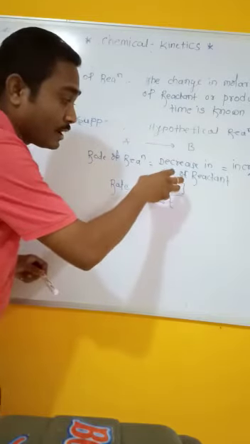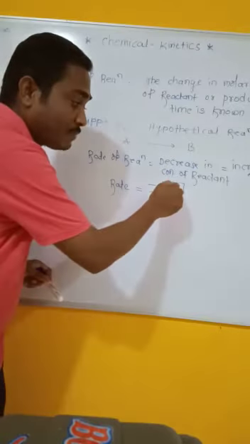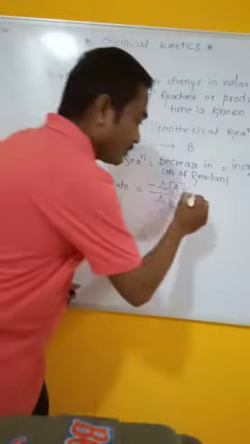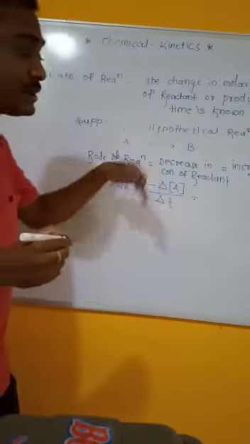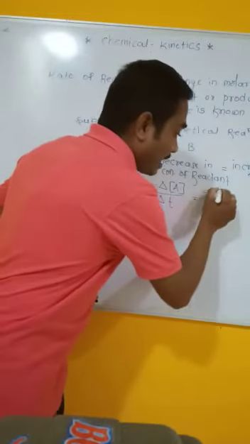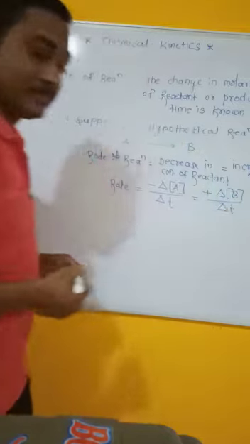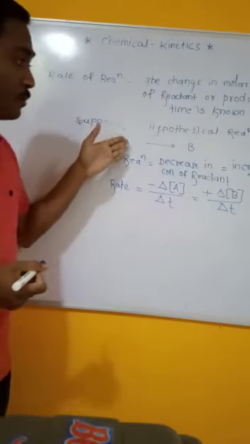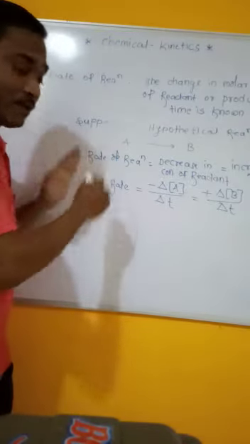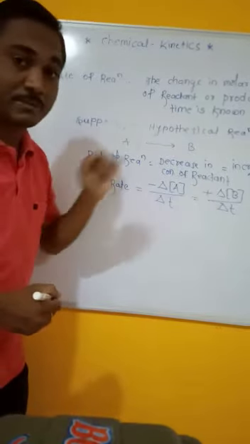So we read it as the decrease in the concentration of reactant A with respect to time. Similarly, in the case of the product, there is an increase, therefore we use a plus sign: plus Δ[B] divided by Δt. For the above reaction, the rate of reaction is minus Δ[A]/Δt equal to plus Δ[B]/Δt.